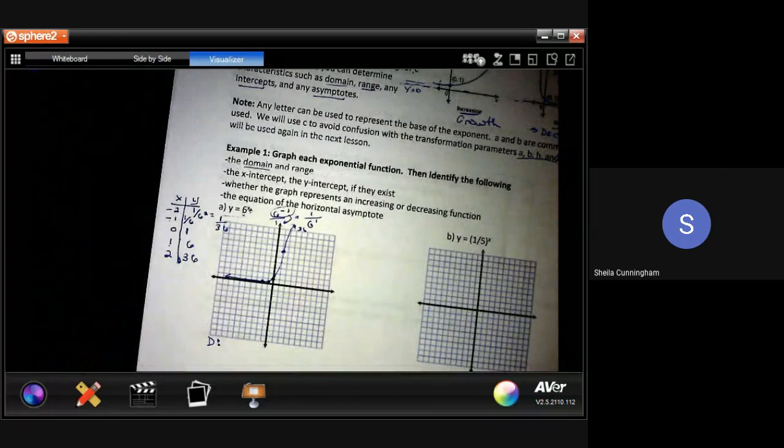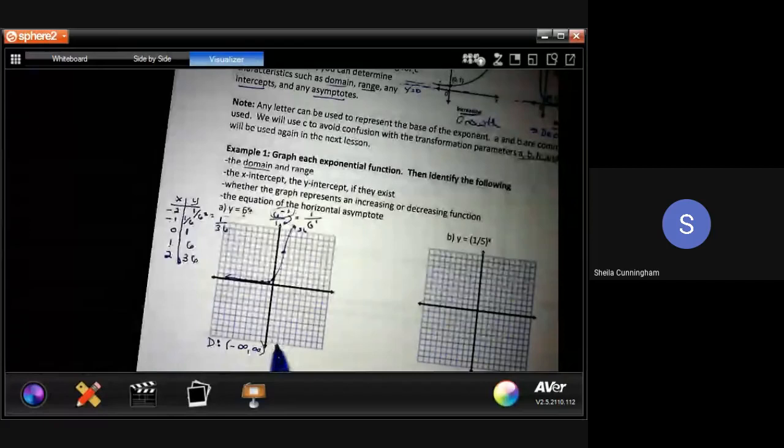So really, I'm going in this direction forever and ever. If this graph could go on forever, it would go on to the right forever. So my domain is simply negative infinity to positive infinity. There's no limitations on my x's at all.